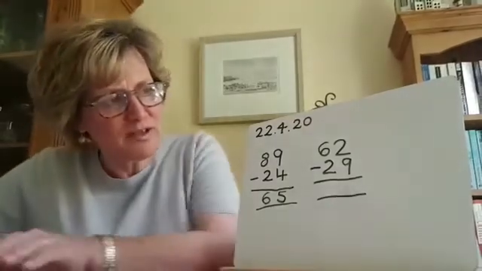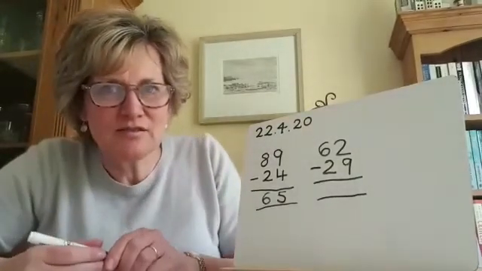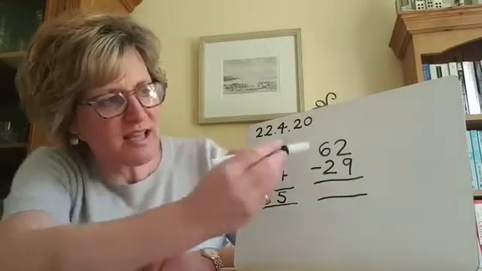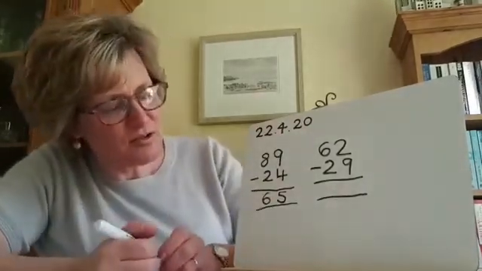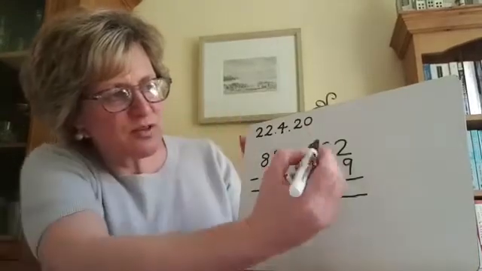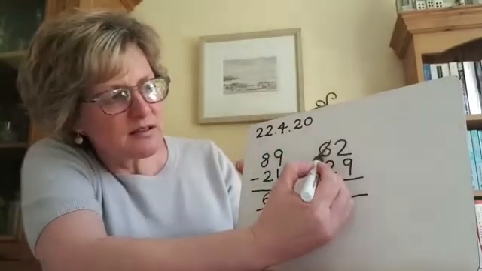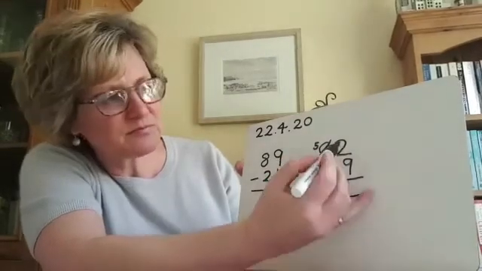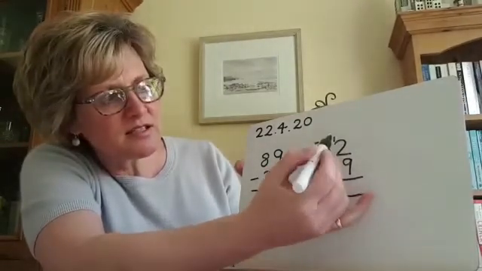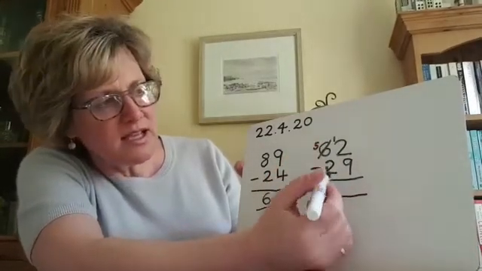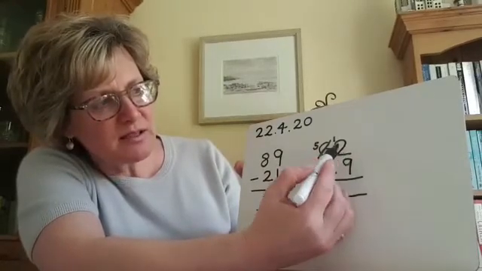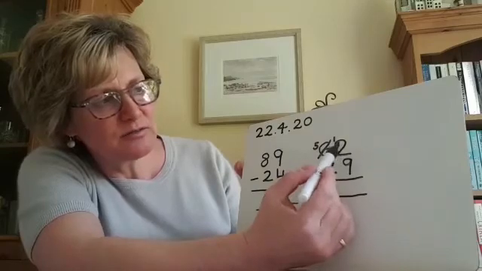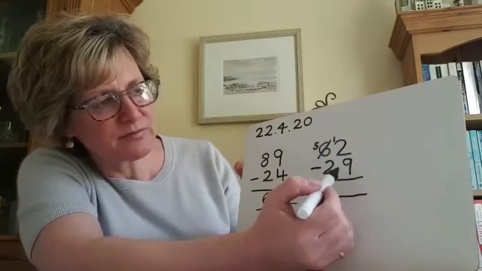So what we have to do is borrow a 10 from the tens column, and remember that when we exchange a 10 from the tens to the units column, we have to show that we're going to take away the 6 and make it a 5. And then take that 1 10 over into the units column. So instead of being 2 now, it's 10 and 2, making that column 12.